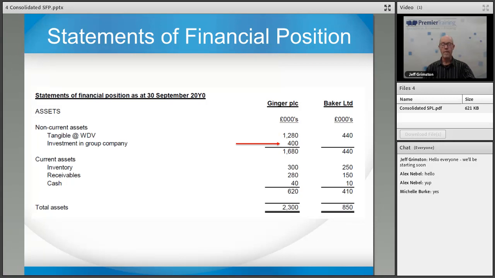Now, remember that the whole principle underlying group accounts is that we only detail in the accounts those transactions and relationships that extend outside the group. So this item is the holding company's, the parent company's investment in the subsidiary. This exists entirely within the group, and so we simply ignore it. But we will come back to that figure in a minute because that figure will be needed.